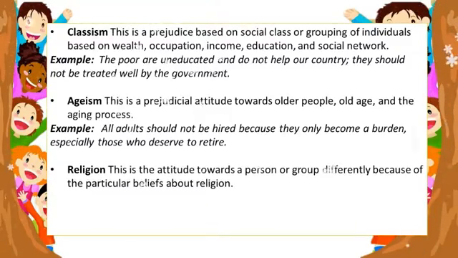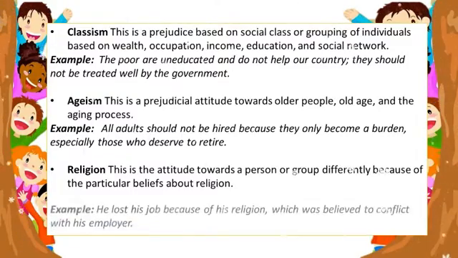Next, we have religion. This is treating a person or group differently because of their particular beliefs about religion. Of course, religion is the most sensitive topic to be discussed.